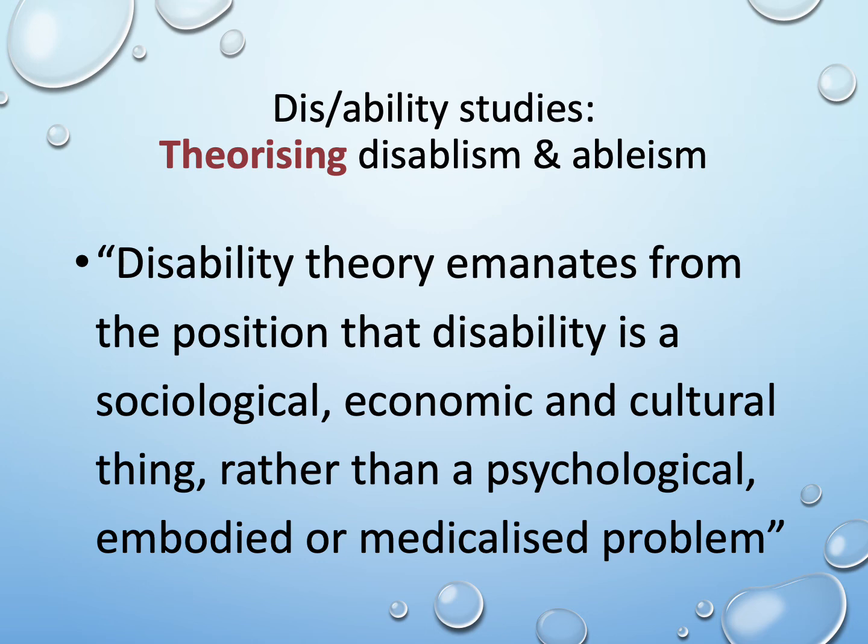So the whole book is theorizing, trying to create new theory, new explanation, new understanding of how disableism and ableism operate. And he also puts forward this new concept, dis/ability, to try and advance our conceptual understanding of disability.